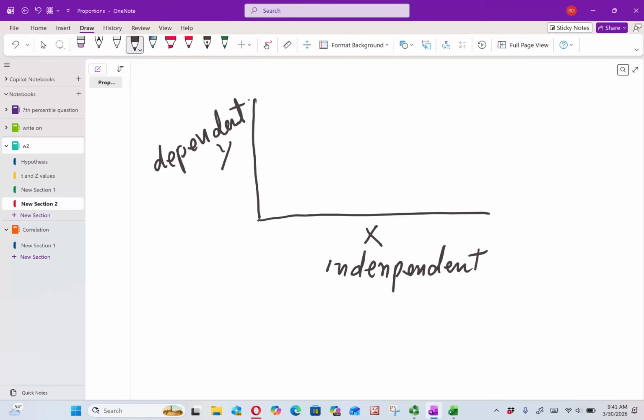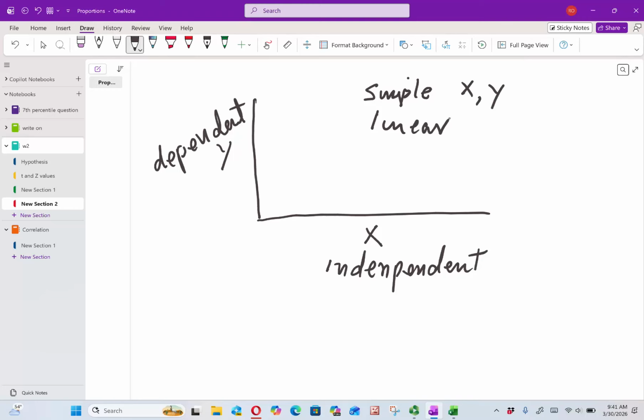This is simple linear regression. Simple means there's one X and one Y. Length and weight. Linear means it has to be a straight line. I can't use a curve of any sort. All I can fit is a straight line.